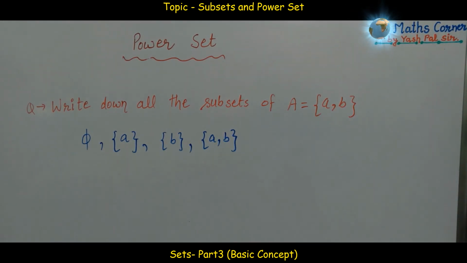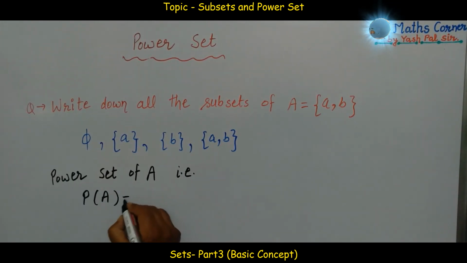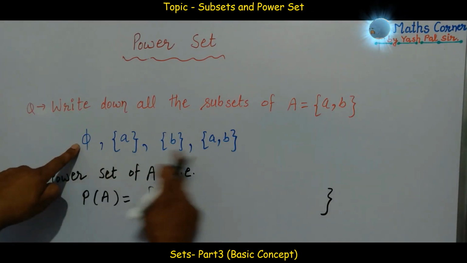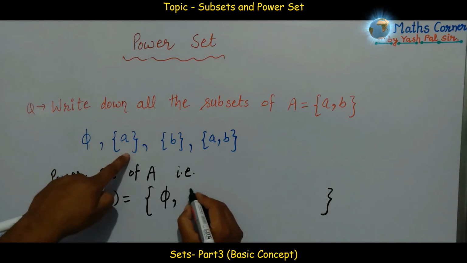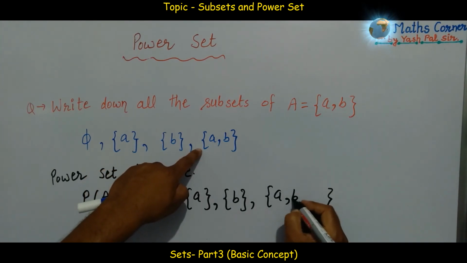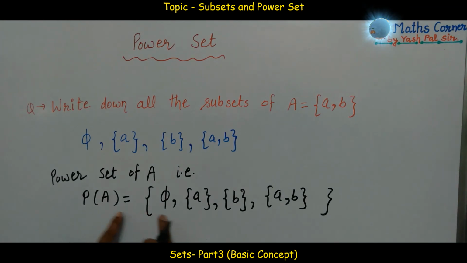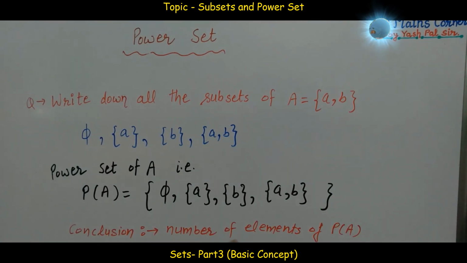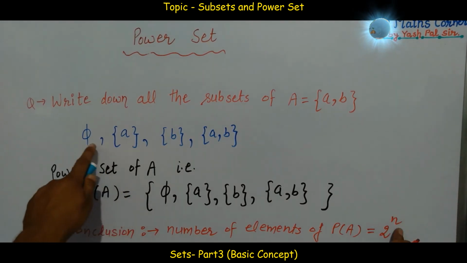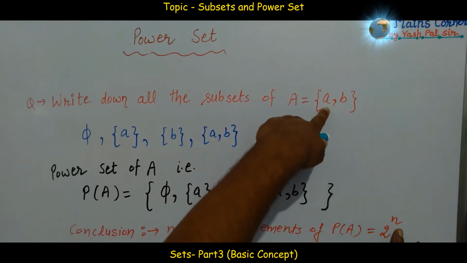So what about the power set? Power set means power set of A. We write it this way: power set of A is equal to, we just put curly brackets outside the collection of all these subsets, that is phi comma A comma B comma A comma B. So the number of elements in the power set of A is 4. The conclusion is, the number of elements of the power set of A is equal to 2 raised to power n, where n is the number of elements in set A. A has 2 elements, so 2 raised to power 2, 2 twos are 4.